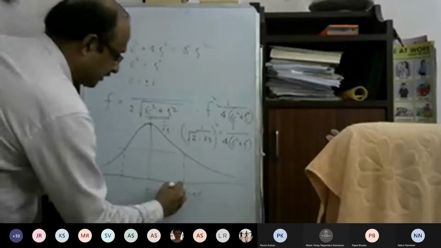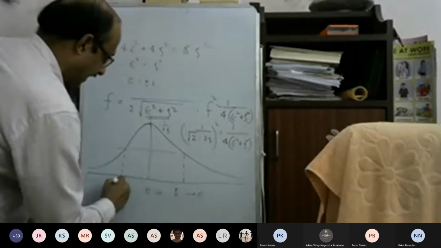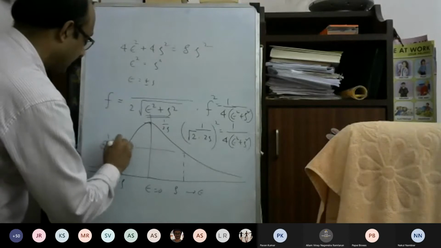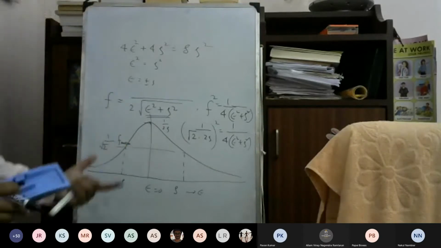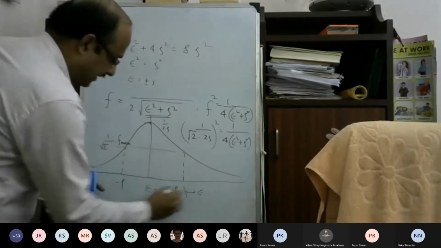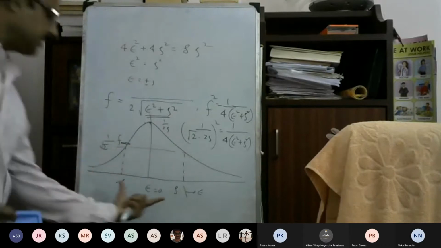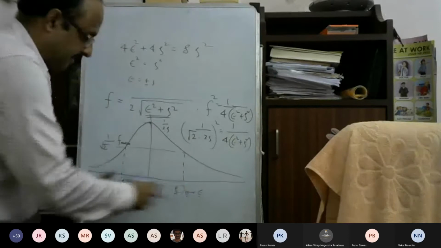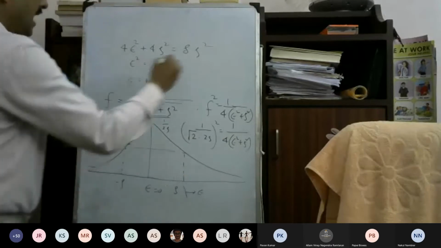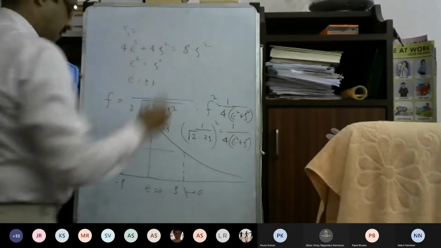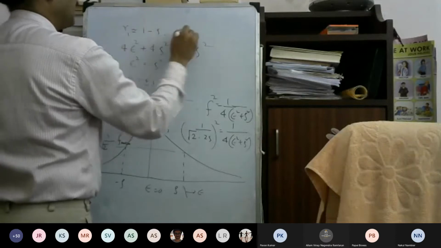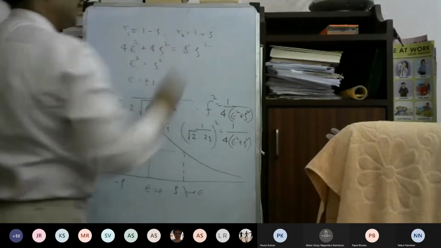So here at plus minus zeta, so what I am doing, said zeta and minus zeta, this curve is actually going down to its value 1 by root 2 times f max. So now you see one thing here, in this particular scenario, the difference between these two values, that is now R1 is actually here, R1 will be equal to 1 minus zeta approximately, and R2 will be equal to 1 plus zeta.